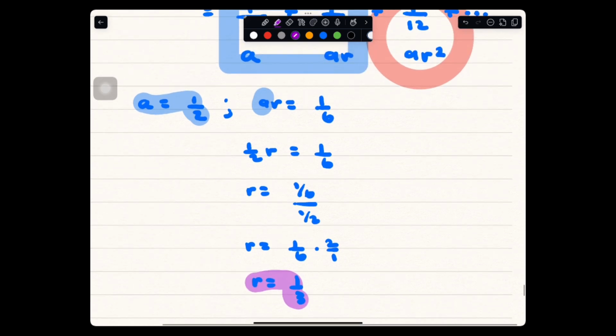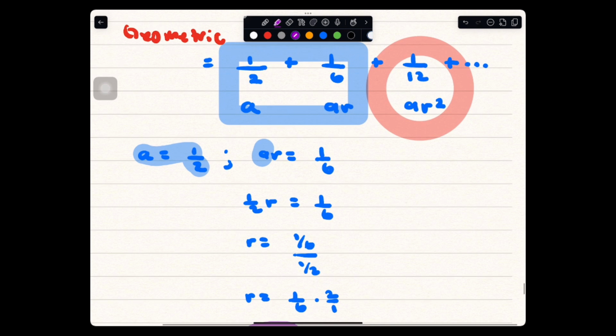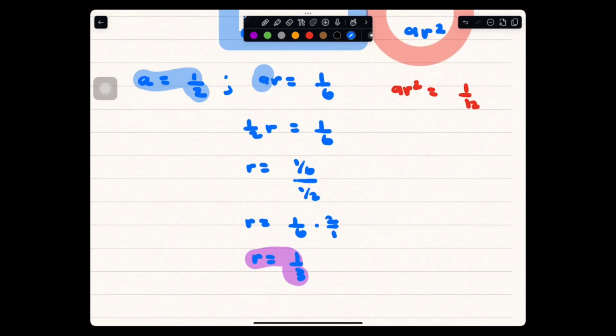So using that information, we have to verify now, is AR squared equal to 1/12? And we have what? 1/2 times 1/3 squared is 1/2 times 1/9.